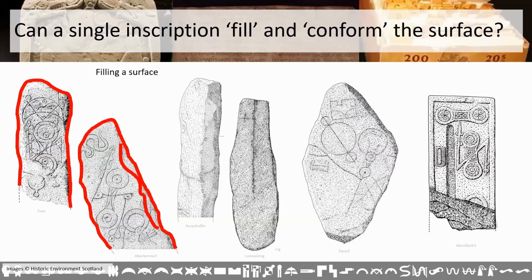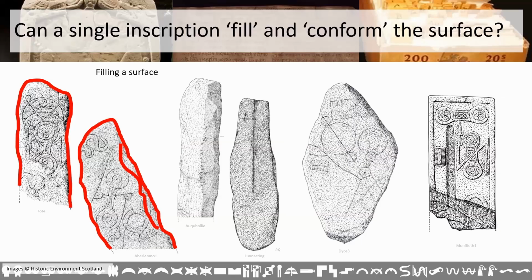Try as it might, if you look at the next two pillars, Ulm just can't do this. So whether it's using the arris or the edge of a stone as a stem line and creating notches either side of that, or whether the stem line has been drawn in and the Ulm's straight up a surface of a stone, it just really can't fill the surface.